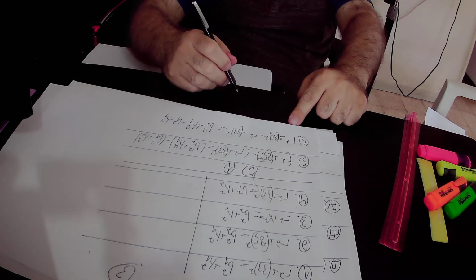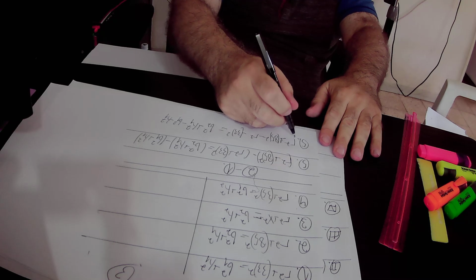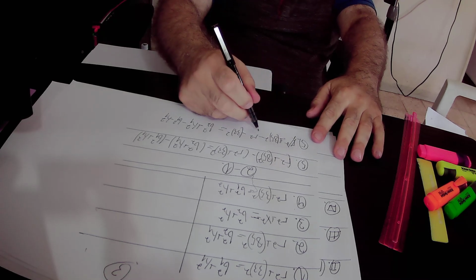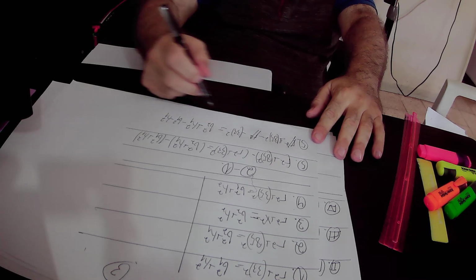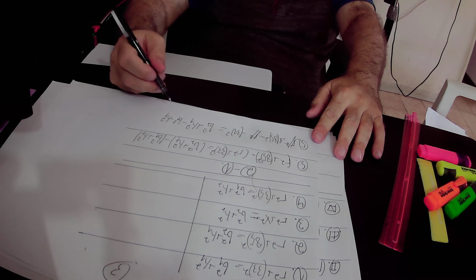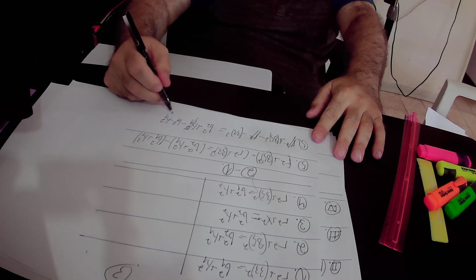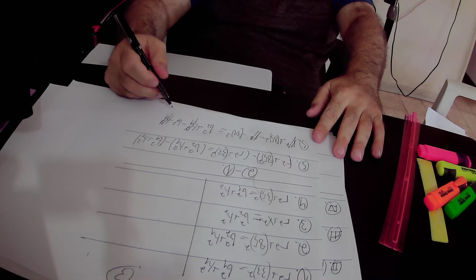So on this side of equation number 5 we have R squared minus R squared, that is 0. So R squared will get cancelled. On the other side of equation number 5 we have H1 squared minus H1 squared, that is also 0. So H1 squared will also get cancelled.